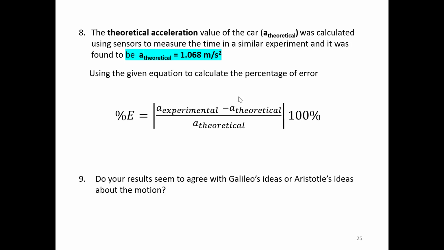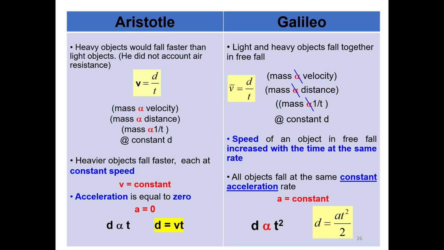Then at the end, you had to answer if the motion of the car was better explained by Galileo's model or Aristotle's model. Then also you had to say if your hypothesis was valid or not. And remember, these are the ideas of the Aristotle model.